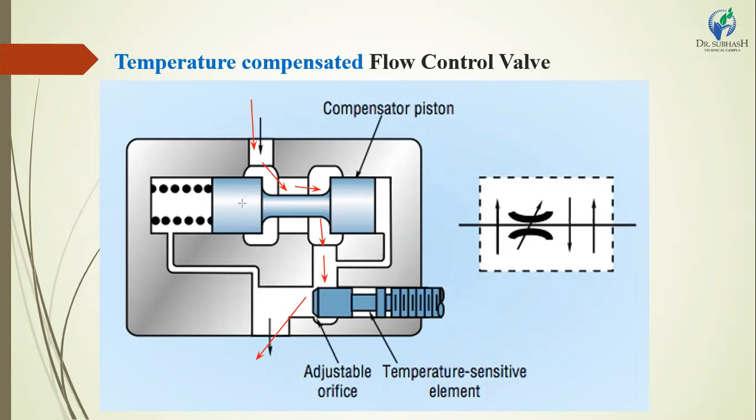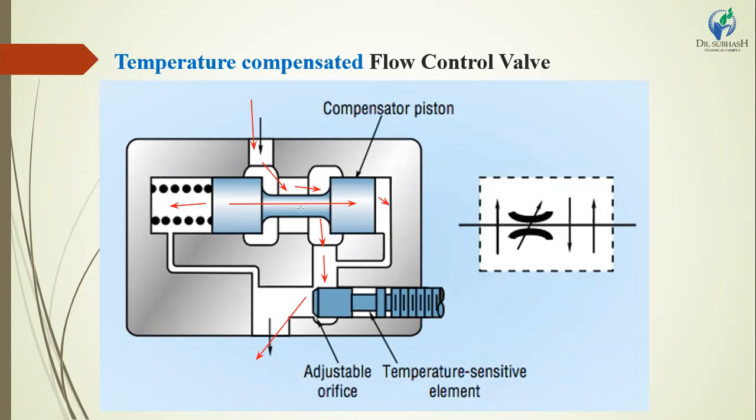If we consider the first condition, the spool moves from left side to right side. It means this area is decreasing and the flow in the hydraulic circuit also goes down. At that time, some of the fluid is here and some of the fluid is here.